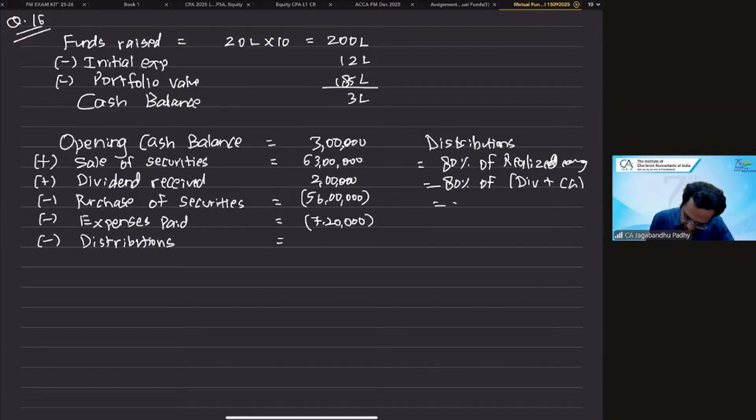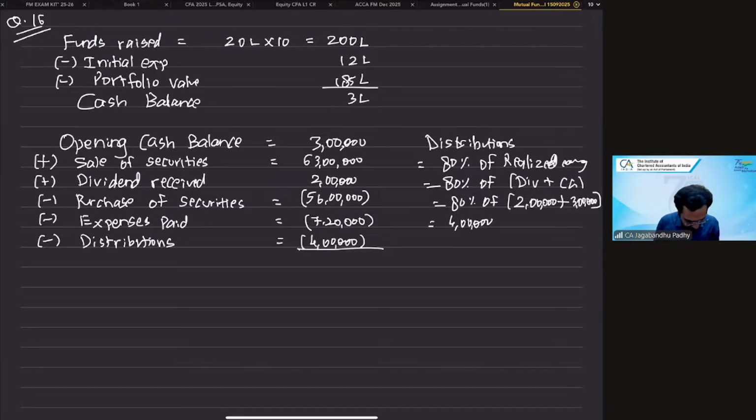Dividend is 2 lakhs, capital gain is 3 lakhs. Total is 5 lakhs. 80% of that is 4 lakh. So distributions are 4 lakh.